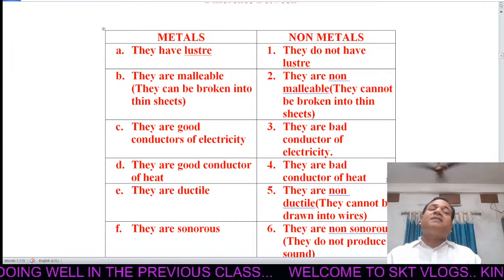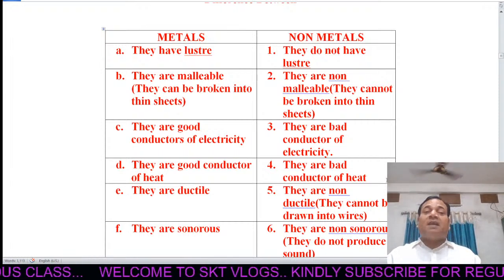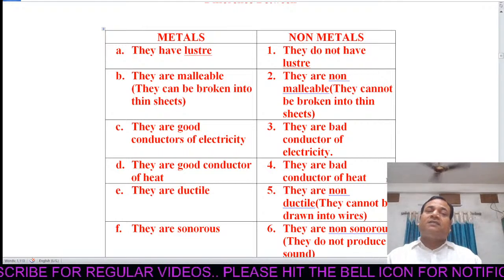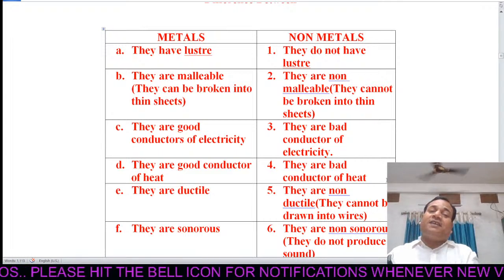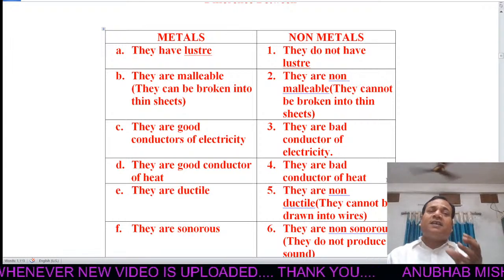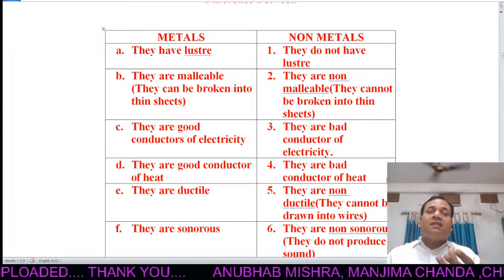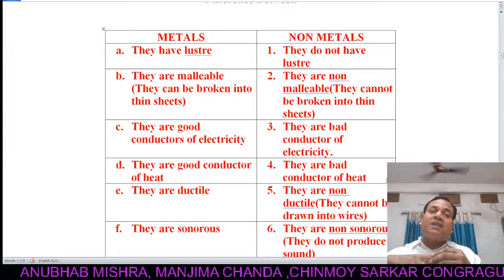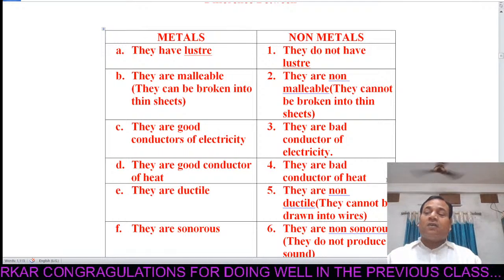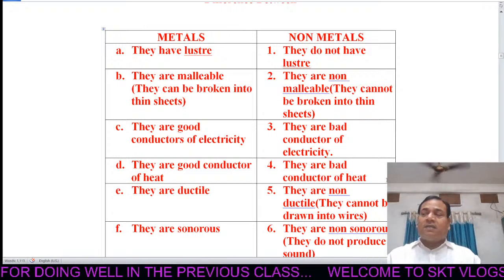Secondly, metals are malleable. Malleable means they can be broken into thin sheets or can be changed into a wire. उसको पतले तार में भी बदला जा सकता है। जैसे गोल्ड इज ए मेटल, गोल्ड को गला करके फिर अंगूठी बना लो, तार जैसा बना के गले में डाल लो। So all this it will be.